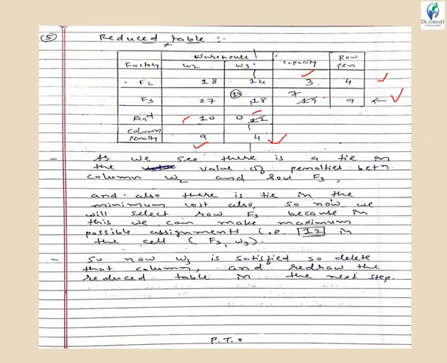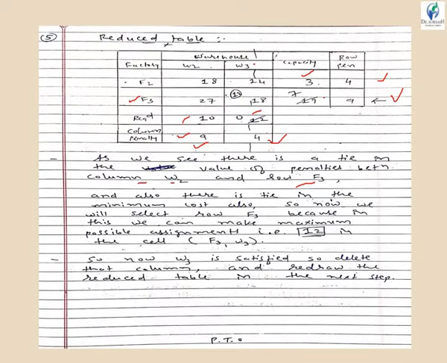As we see, there is a tie in the value of penalties between column W2 and row F3, because the largest penalty is 9, that is in the F3 row and in the W2 column. Both have the same value, that is 9. And also there is a tie among the minimum costs. So when there is a tie among the penalties, you need to identify the column or row with the lowest cost.